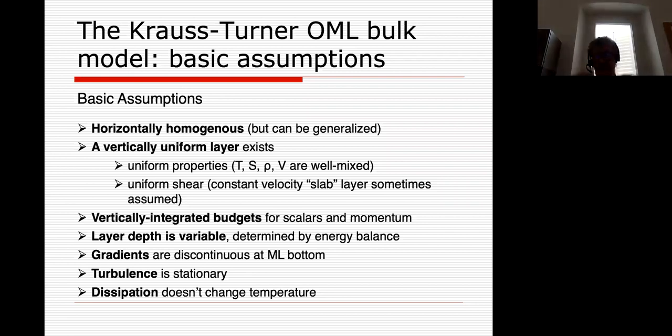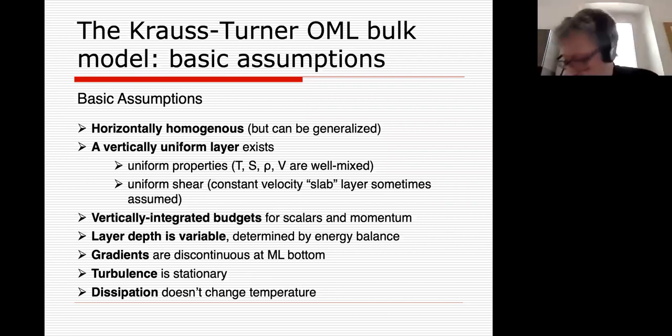And we assume, which is quite a sensible assumption, that there exists a vertically homogeneous or uniform layer in terms of properties and also shear. So turbulence is stationary. And also we can write a vertically integrated budget for scalars and momentum. So everything is collapsed in one slab.